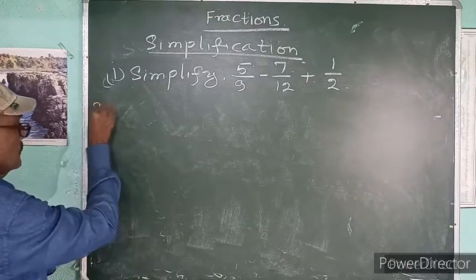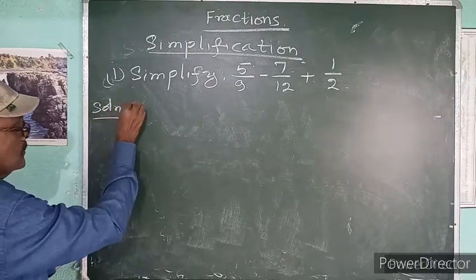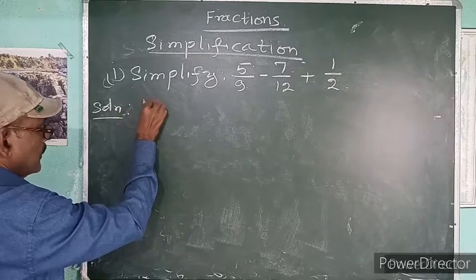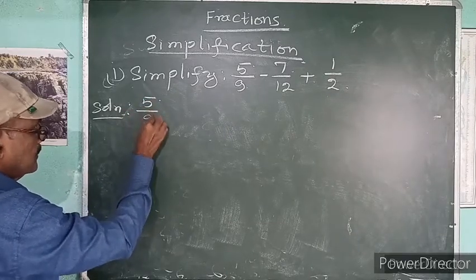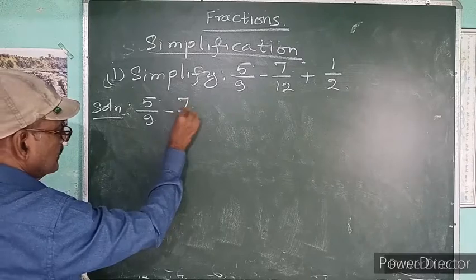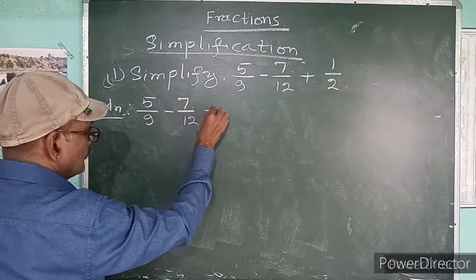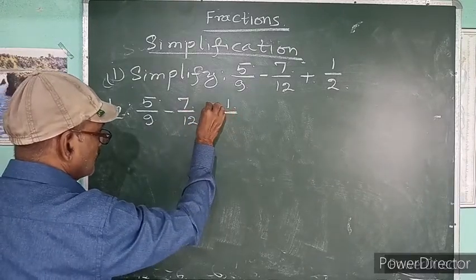Now solution. Take down the sum. 5 by 9 minus 7 by 12 plus 1 by 2.